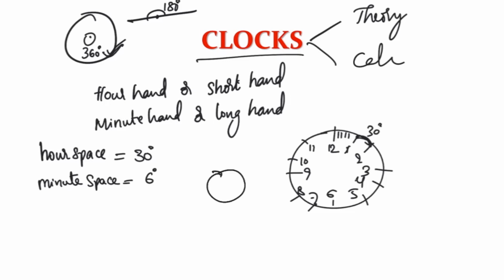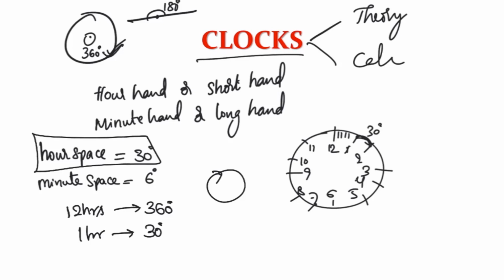So in 12 hours, it is covering 360 degrees angle. So each hour, it is covering 30 degrees, which I already told you, each hour space is of 30 degrees. And in 1 hour, if it can cover 30 degrees, in 1 minute, hour hand can cover half degree.